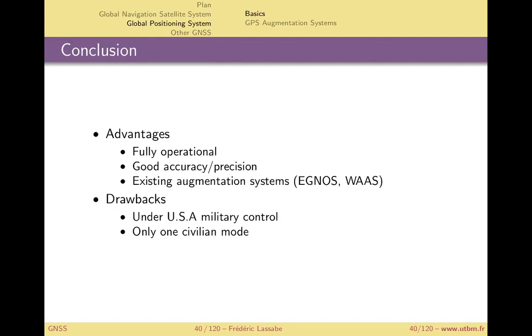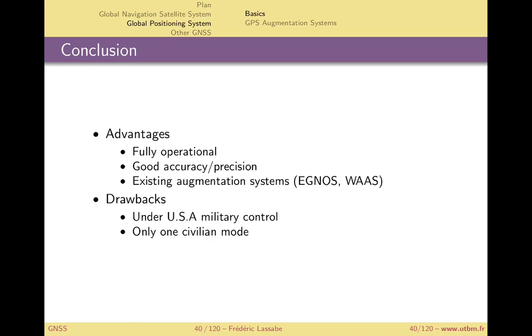As a conclusion, the main advantage of the GPS is to be the fully operational system. So actually there is GLONASS now which is fully operational, but it has the same drawback that we have to rely on the goodwill of Vladimir Putin to be able to use the system. So not always a good idea.